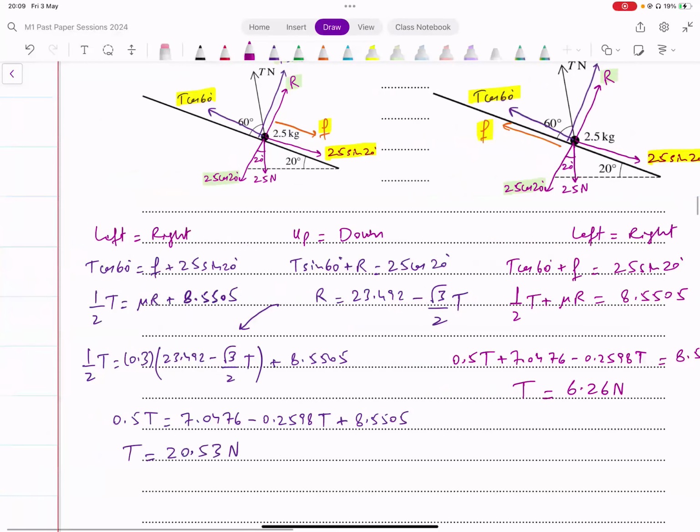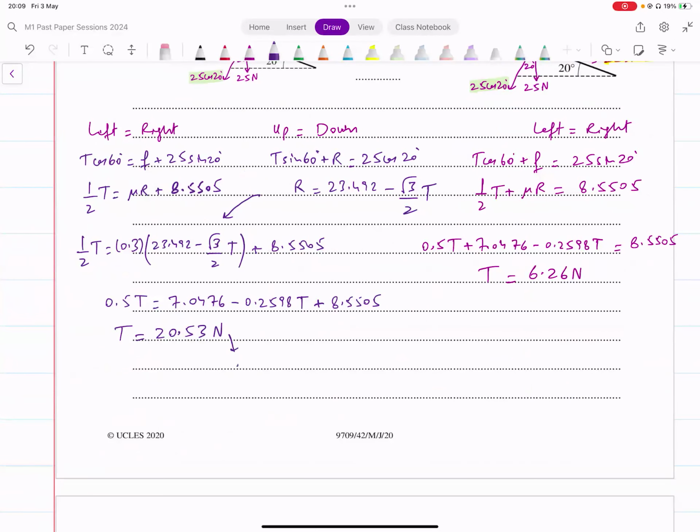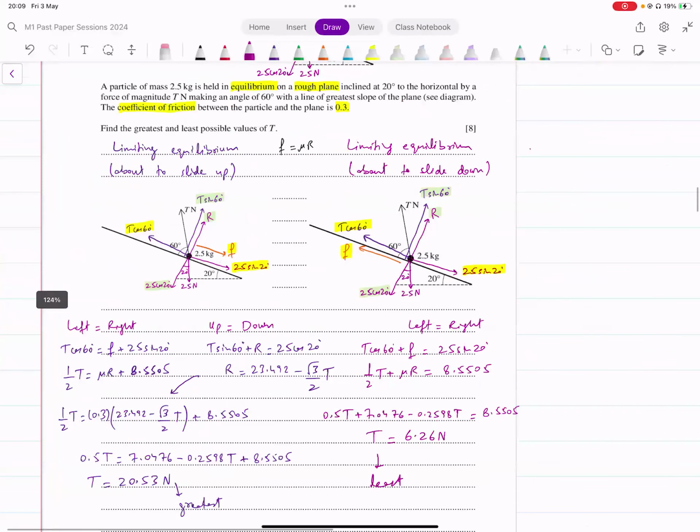Is that okay? Is this value all right? Okay, good. So the first is the greatest possible value of tension, and this is going to be the least possible value of tension. This is what we do here.